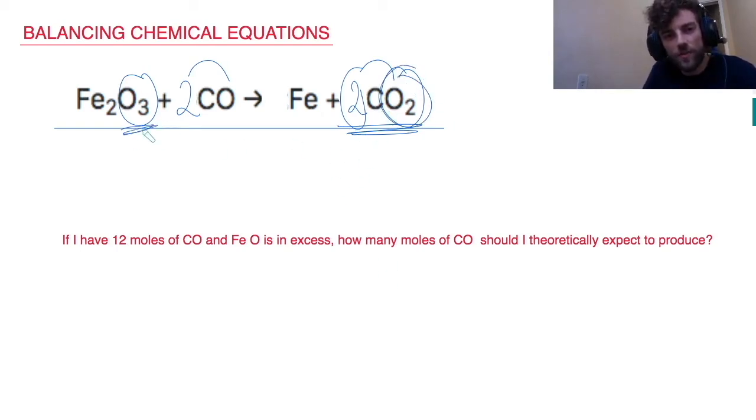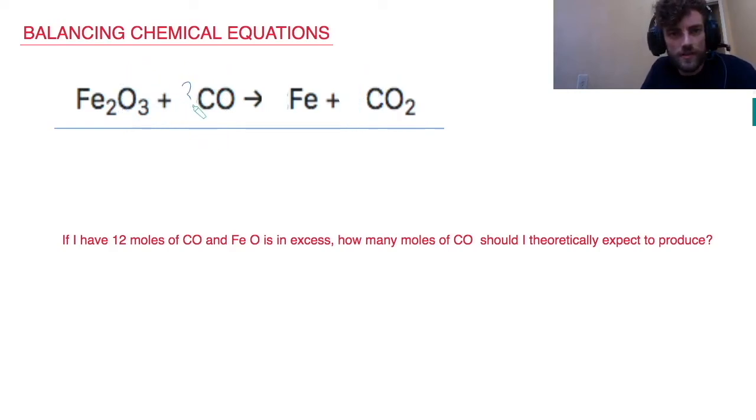So I know straight away this 2 can't work here because this would give me an odd number of oxygens because I have an odd number here plus an even number here. And so that suggests to me that perhaps I should use a 3 here, and if I use 3 here, I should use 3 here, and now I can see that my carbon and oxygens are balanced, right? 3 carbons, 6 oxygens, and 6 oxygens.